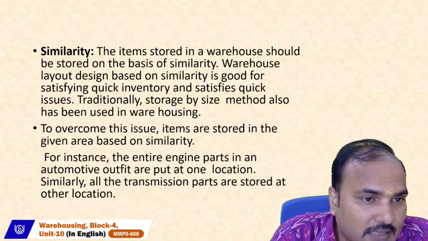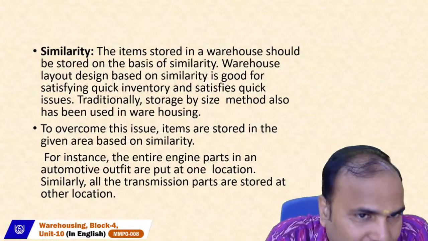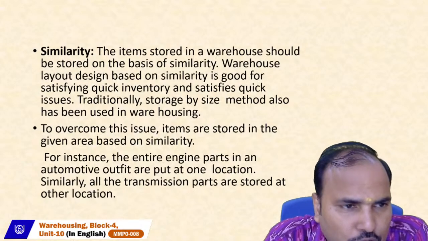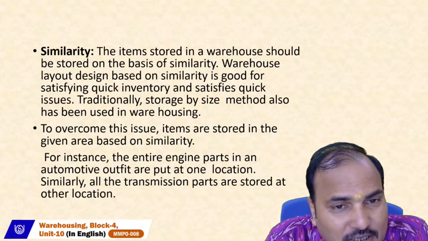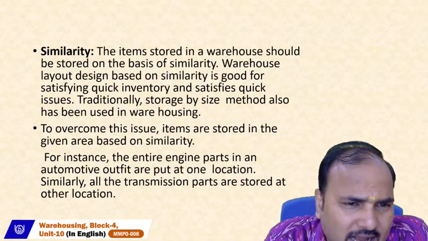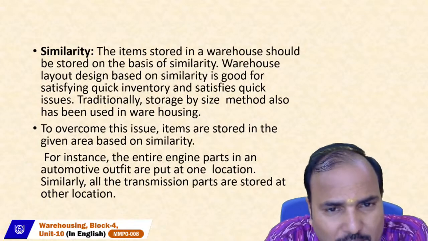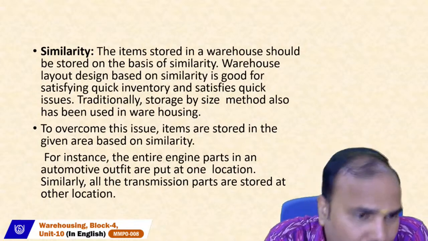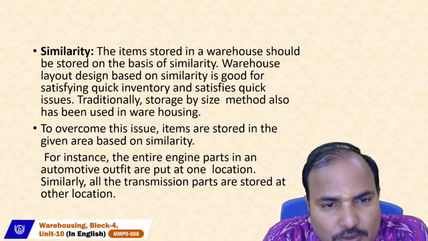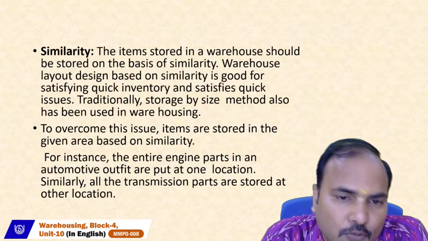And then comes the similarity point. Basically, the items stored in a warehouse should be stored on the basis of similarity. Warehouse layout design based on similarity is good for satisfying quick inventory and quick issues. Traditionally, the storage by size method has also been used in warehousing.